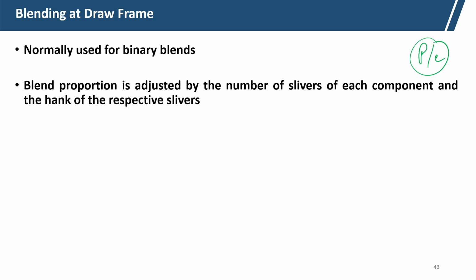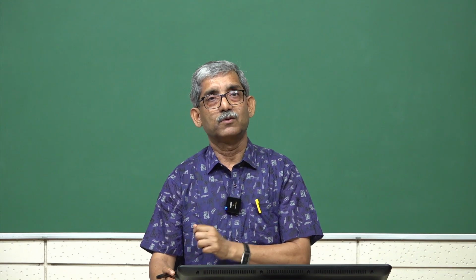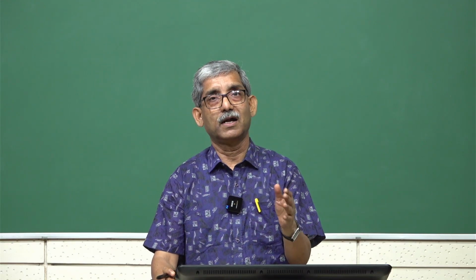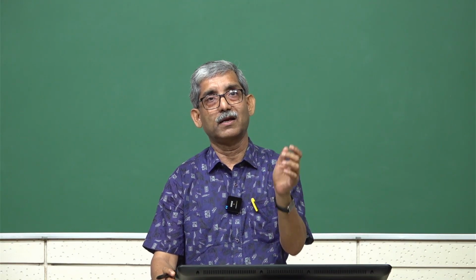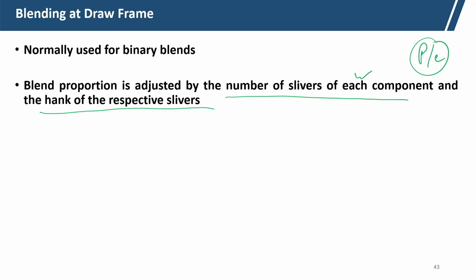Blend proportion is adjusted by the number of slivers of each component and the hank of the respective sliver. We can change the hank if we want to keep the number of slivers the same, and if we keep the hank the same, the number of slivers can be changed.